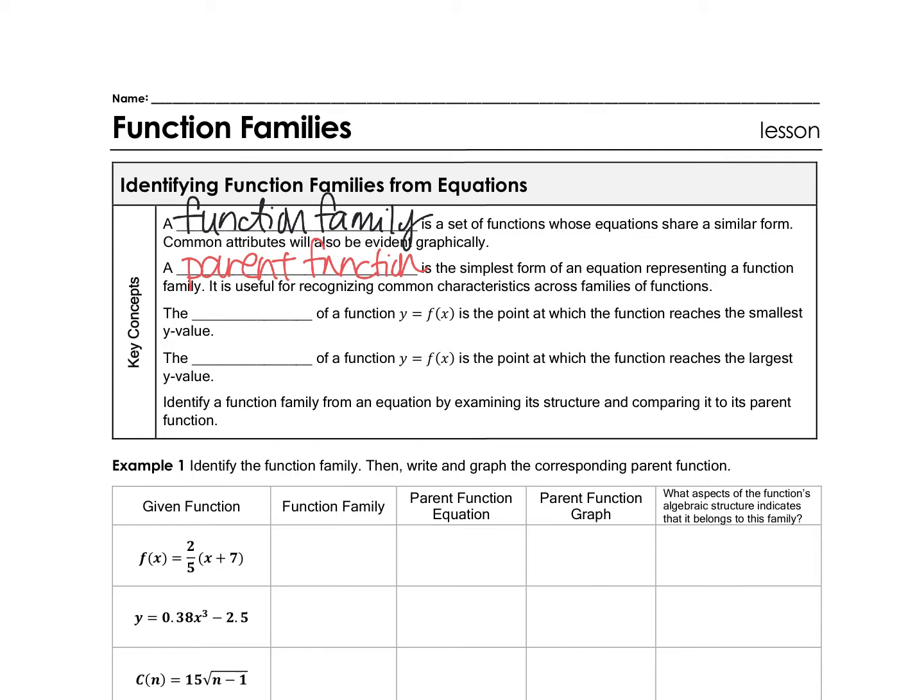The blank of a function y equals f of x is the point at which the function reaches the smallest y value. This is called a minimum. And the blank of a function y equals f of x is the point at which it reaches the largest value, the maximum y value.